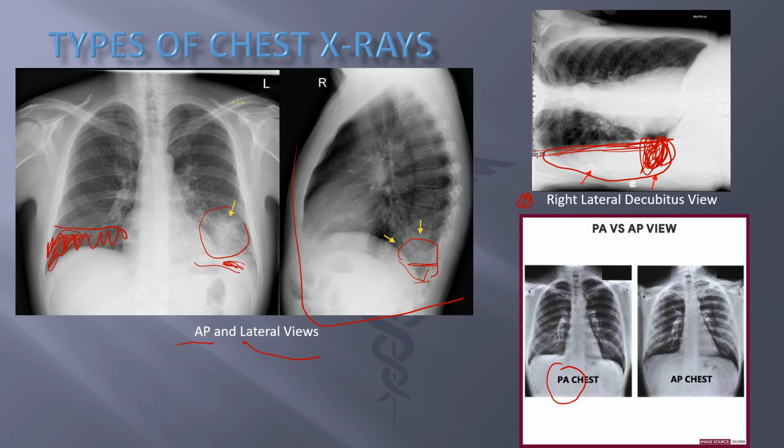As you see on the traditional AP that we'll do in an ICU, you have the scapula that might be in the field of view, where on the PA, the scapula is outside the rib cage area. And also on an AP image, the heart is a little bit more magnified, a little bigger, where on the PA, the heart silhouette appears slightly smaller.